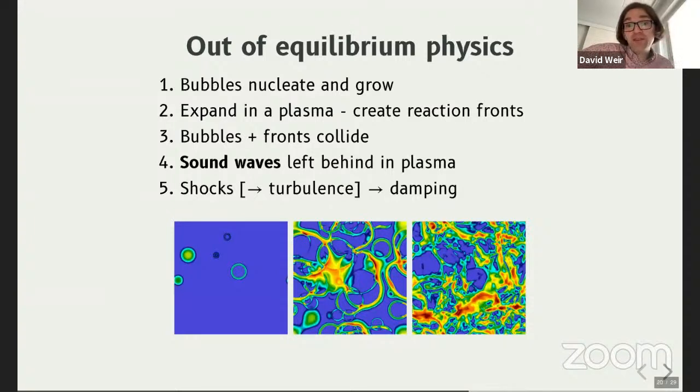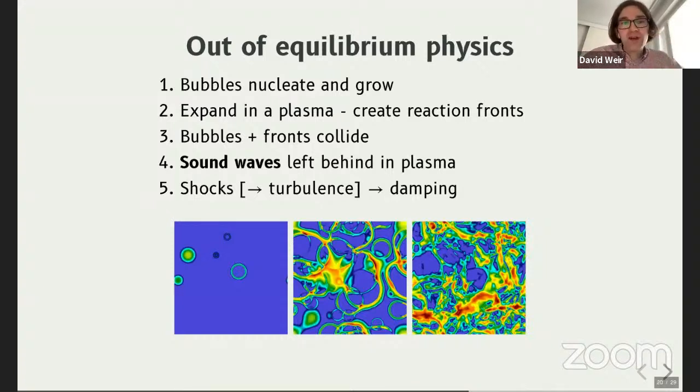And after that, in principle, you can get shocks forming after a while due to this being a hydrodynamic system with some viscosity, and we've given length scales, and that then leads to a cascade, which then could lead to turbulence, and eventually you might get either damping from viscous damping, or more likely the Hubble damping will expand and dilute it out of existence.